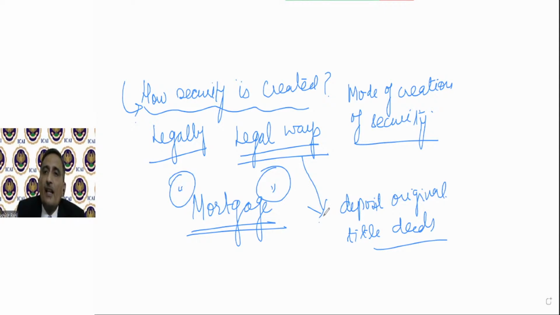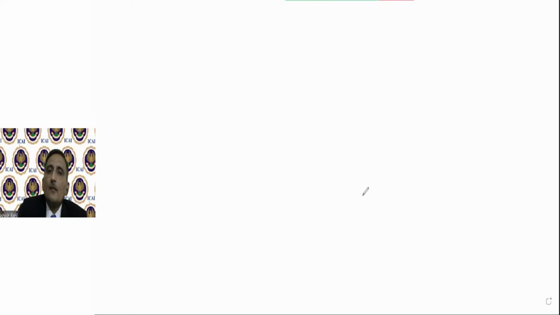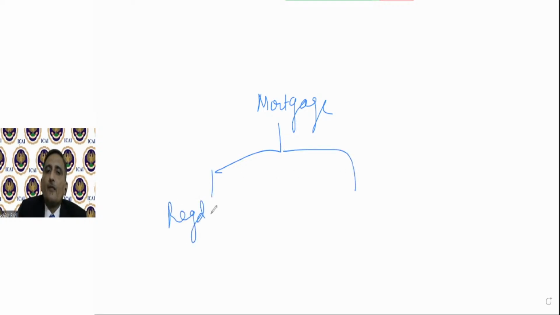And mortgage is again of two kinds. One is registered mortgage and another is equitable mortgage.